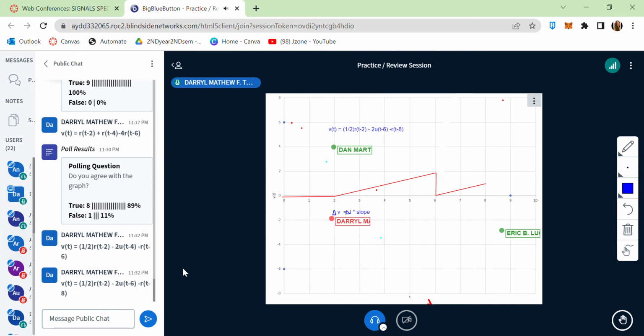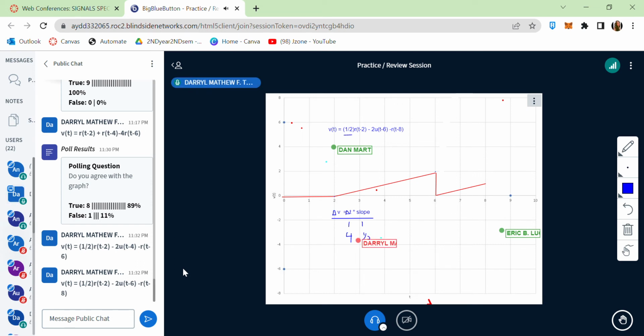So let's actually apply this principle from t equals 2 going to yung nakuha niyong point. Bakit sa v of t equals 2 siya nagtapos? So, yung delta t natin from t equals 2 going to t equals 6, for this case would be 4. Yung slope natin galing dito would be 1/2.